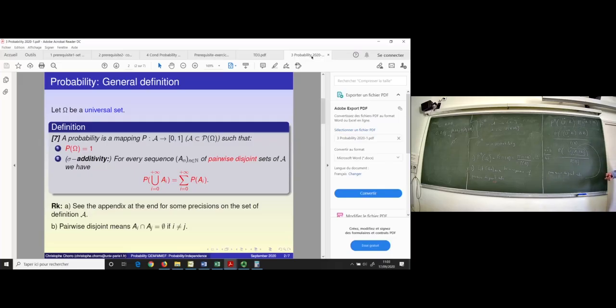Here I have a hypothesis. My An are pairwise disjoint. This is the meaning of being pairwise disjoint. I take them two by two and I obtain an intersection that is empty. It's the definition of being pairwise disjoint. If you do it with B, it's not empty. I don't have this with B. I just said that.